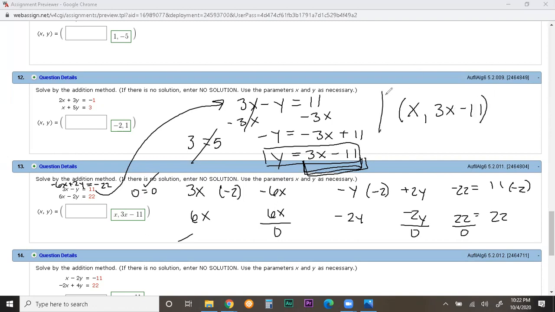So this is the ordered pair, okay? So that is something very important for you guys to remember, all right? So that concludes the review for chapter 4, test 4, and good luck.